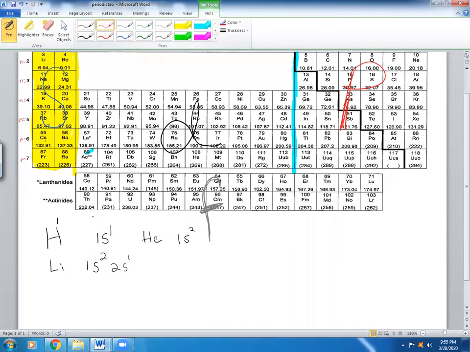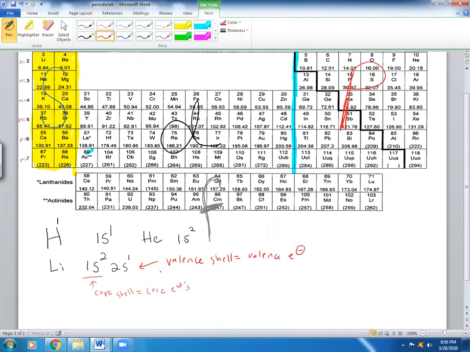Now, this is your core shell, which corresponds to core electrons. This one, the outer one, is called your valence shell, and therefore you have valence electrons.